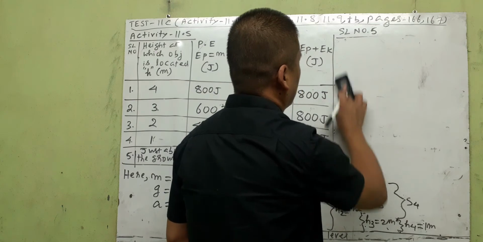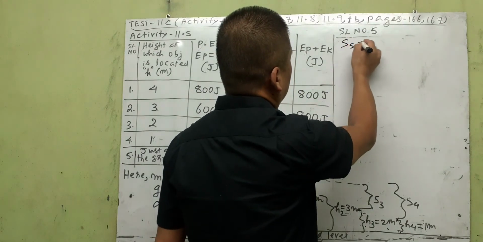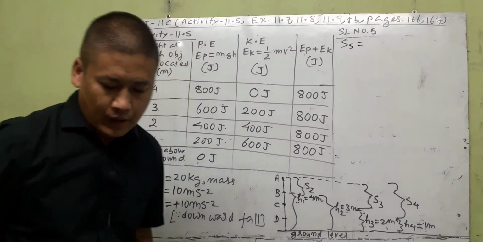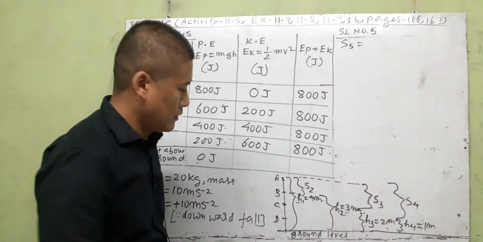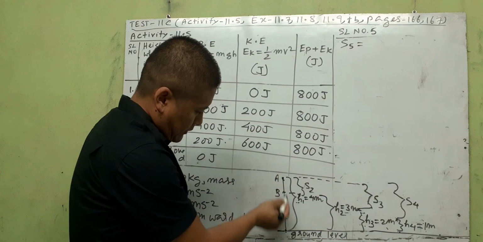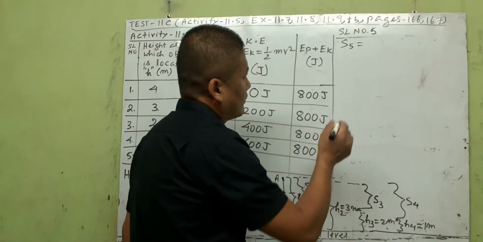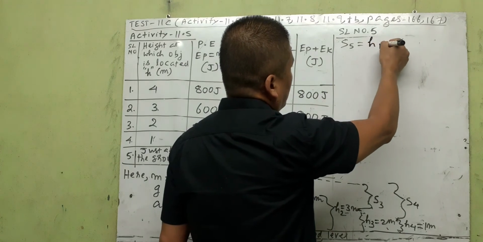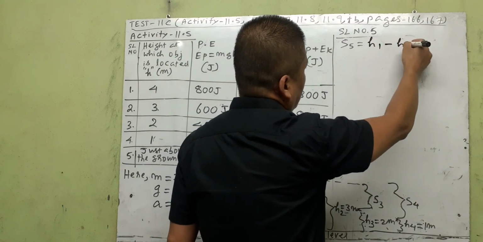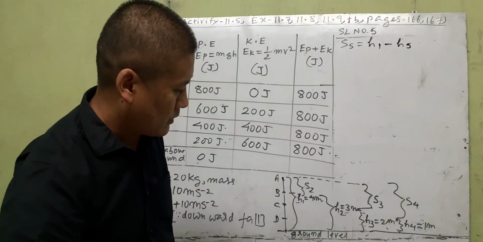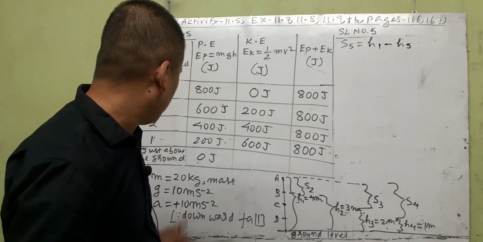So let us do that. S5 is the distance traveled. When it is S5, it will be from here 4 meter height, it touched the ground, means it has traveled 4 meter. So you can also show it as H1 minus H5, where H5 is just above the ground.